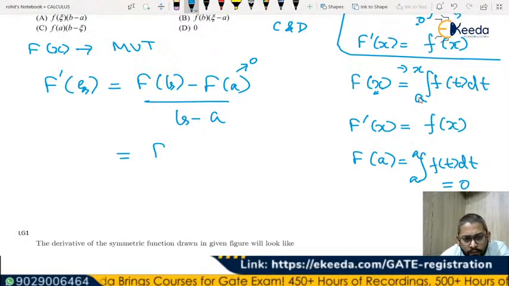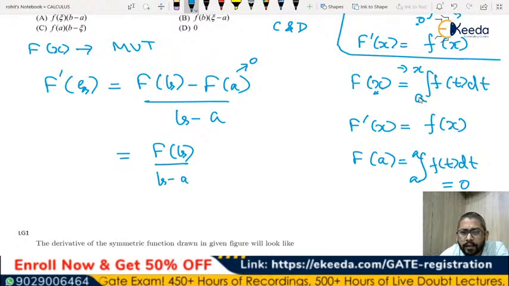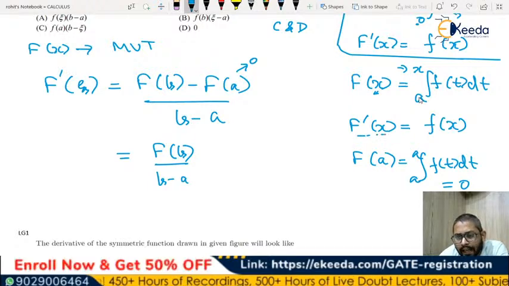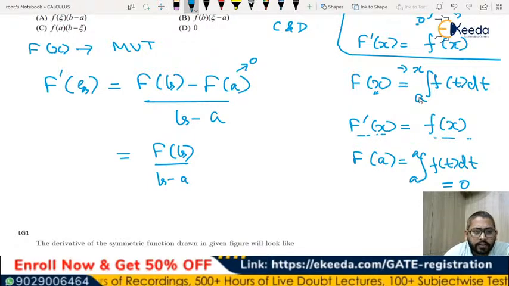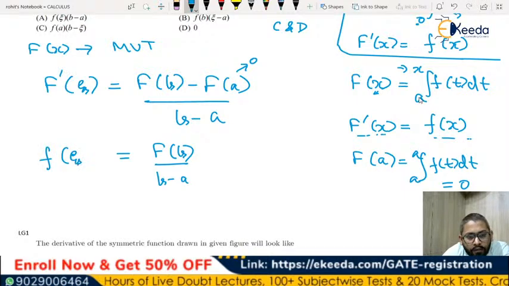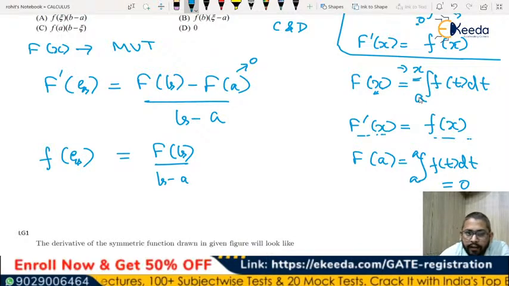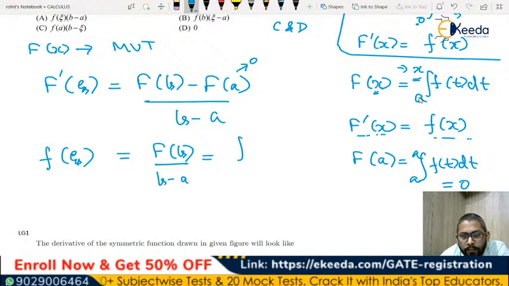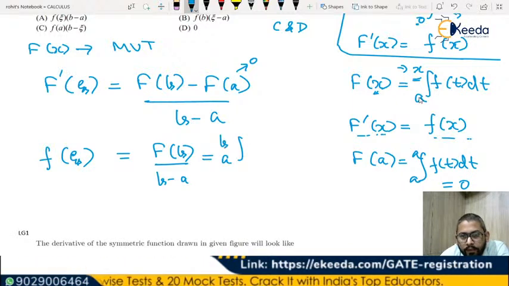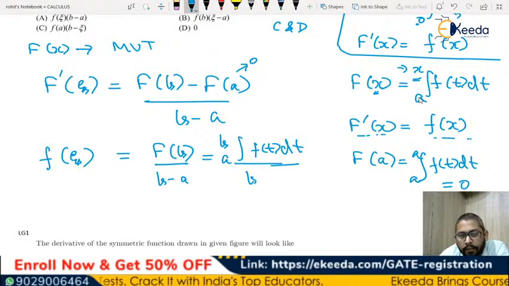Let's say what is f of b, we keep it here like that only, and this is f of b minus f of a. Now f dash of x can be written as small f of x. So this f dash at zeta can be written as f of zeta, and f of b, if you apply x is equal to b here, is going to be the integration from a to b of f of t dt by (b minus a).